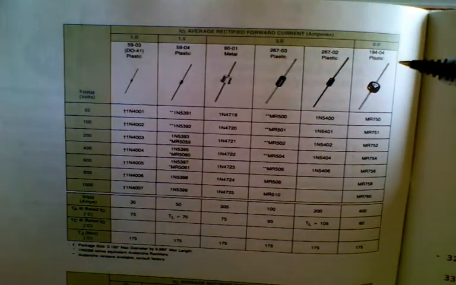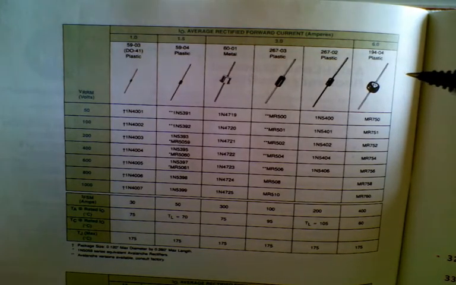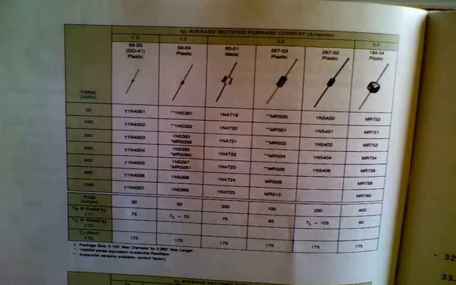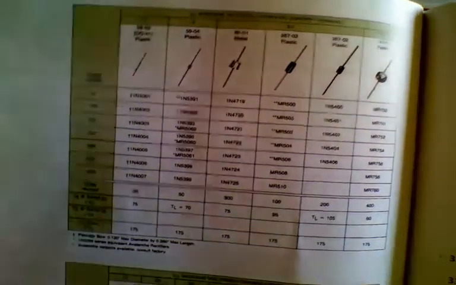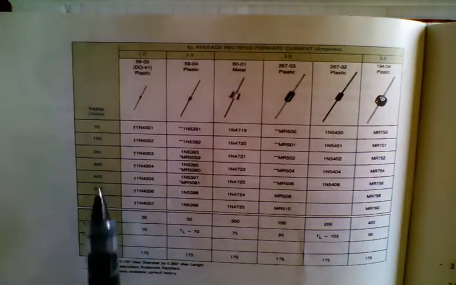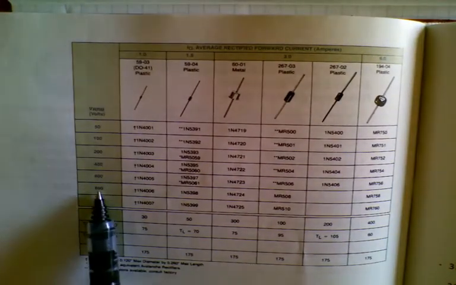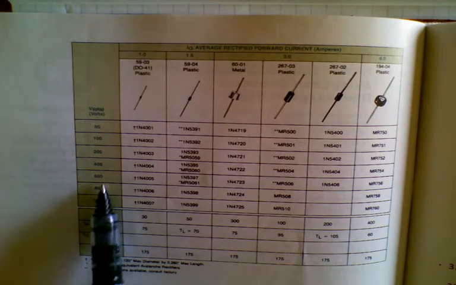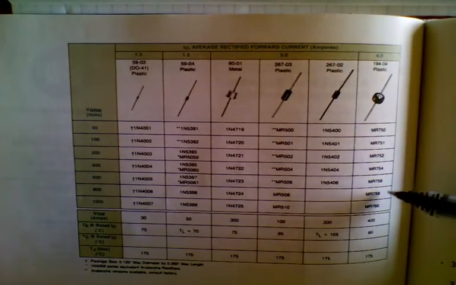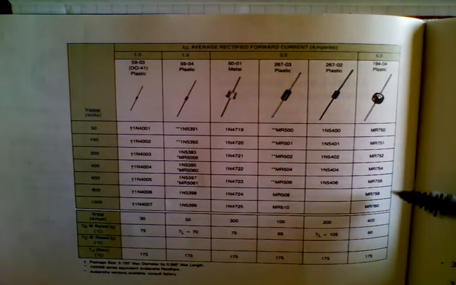And as for handling the reverse breakdown voltage of 470 volts, we find that only this group down here can manage it. So that means that we could select only from one of these 3 diodes in this part of the table.